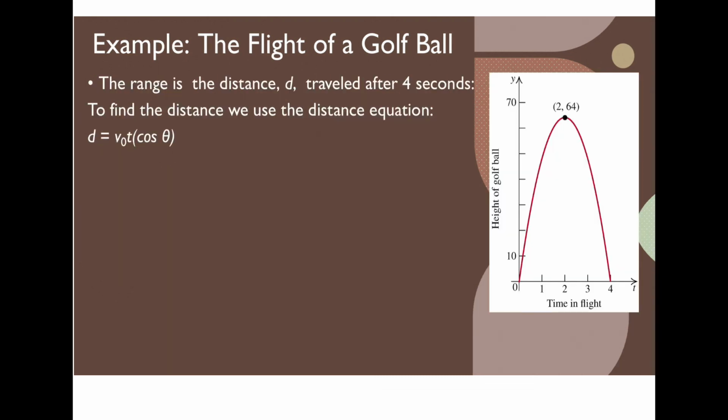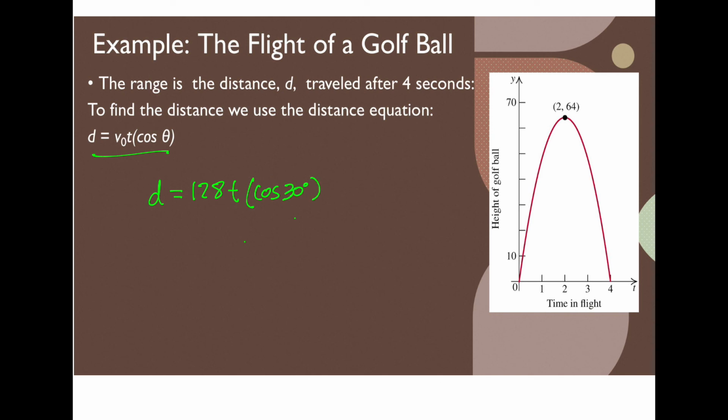Let's look at the distance then that it travels after 4 seconds. And this was given to us by another formula, where the distance is v sub o, my initial velocity of 128, times t, times the cosine of theta, which was 30 degrees.